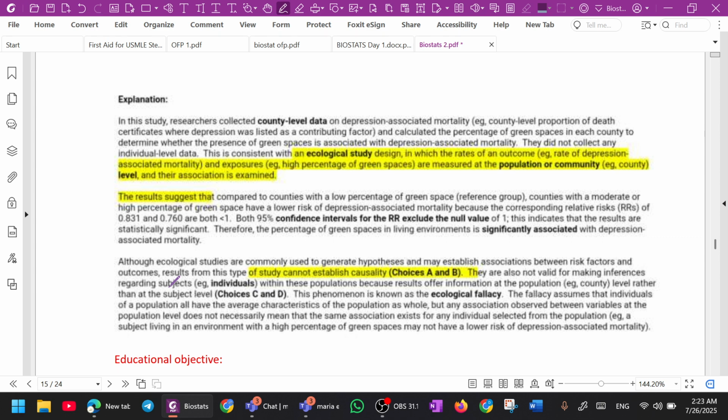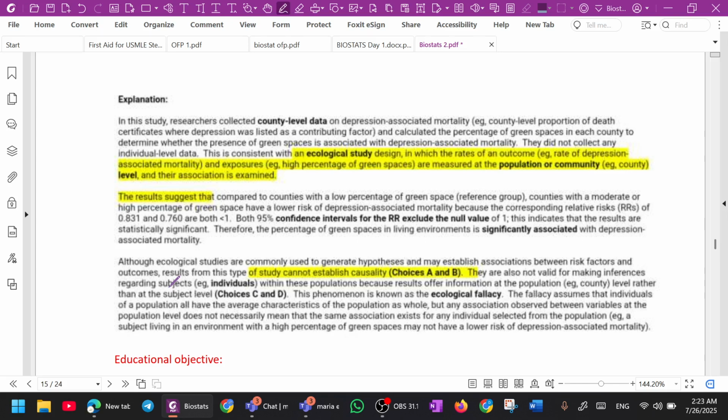This is consistent with an ecological design, in which the rate of an outcome, the rate of depression associated mortality, and the exposure, high percentage of green space, are measured at the population or community country level and their association examined.